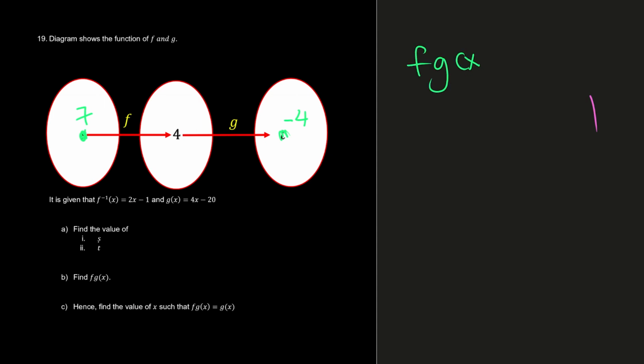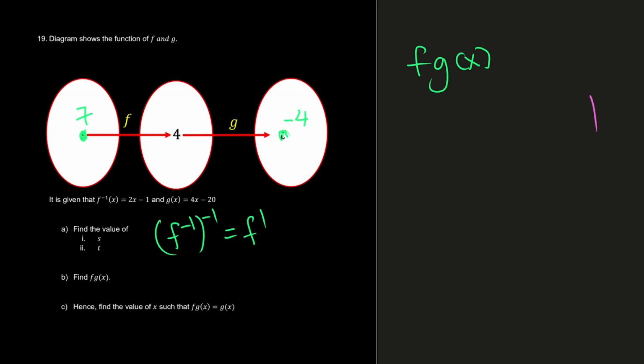So how to find fg(x)? This is the composite function. But before this, we need to know the original function of f. They only give us the f inverse. But we know the inverse of the inverse is the original, because negative 1 times negative 1 gives you 1. So we inverse the inverse function first. How do we inverse?